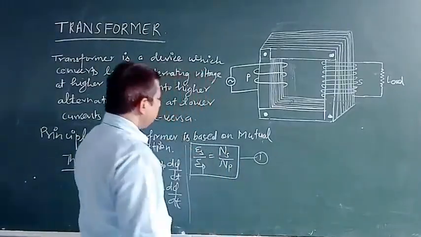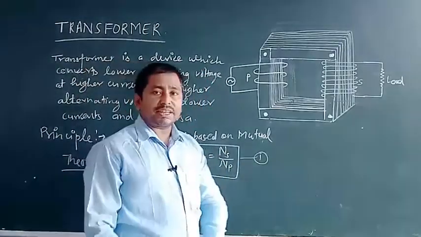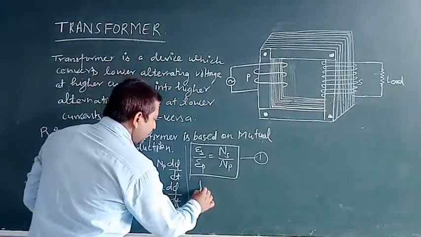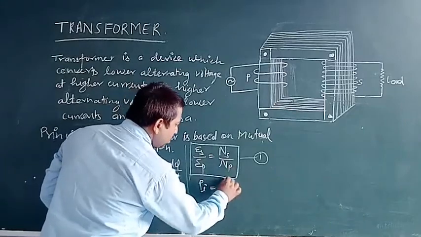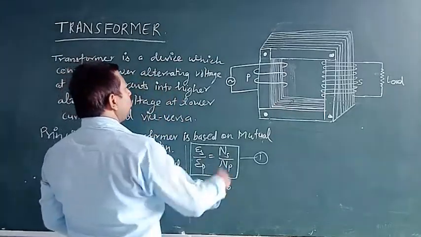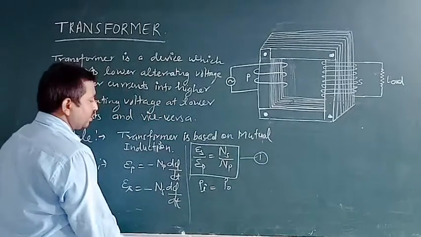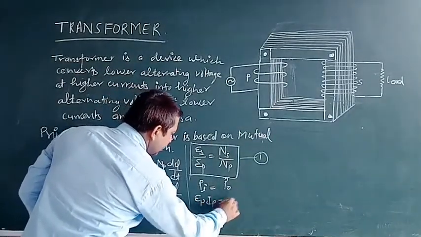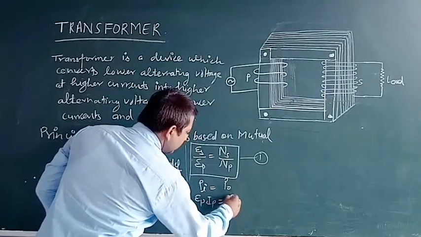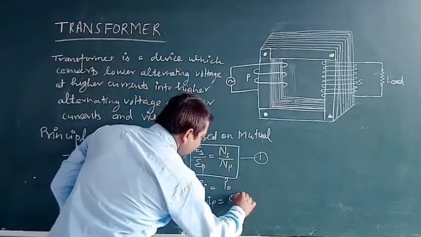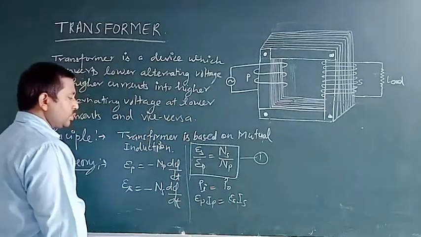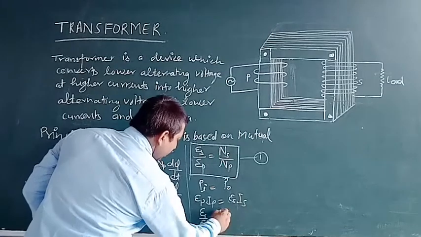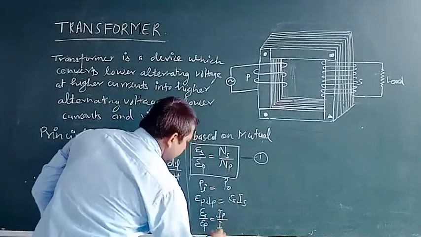Okay, now as we know that if the transformer is ideal, then the input power Pi is equal to output power. So what will be the value of input power at any instant of time? This will be equal to EP into IP is equal to ES into IS. Okay, so from here ES by EP is equal to IP by IS.